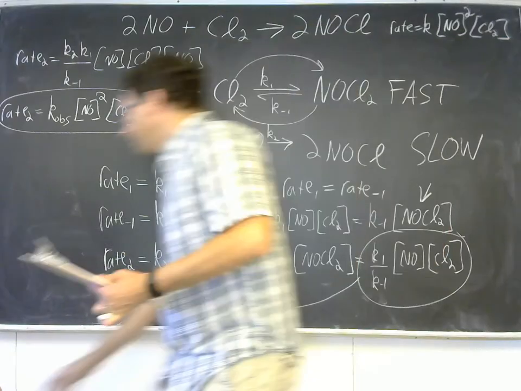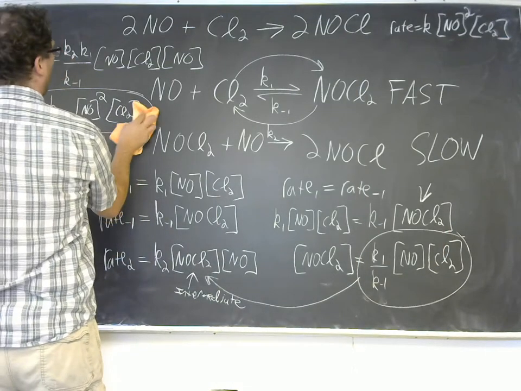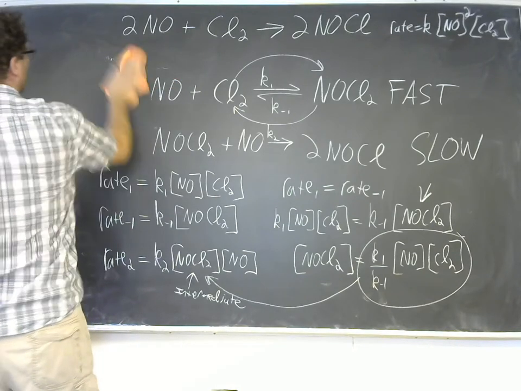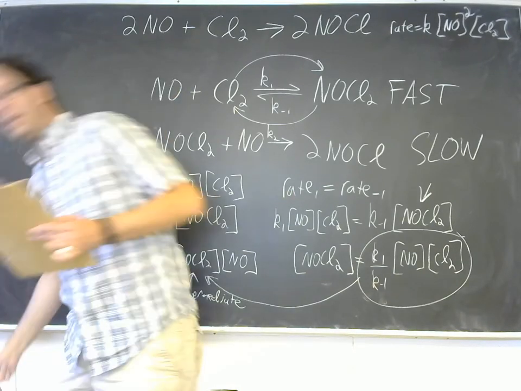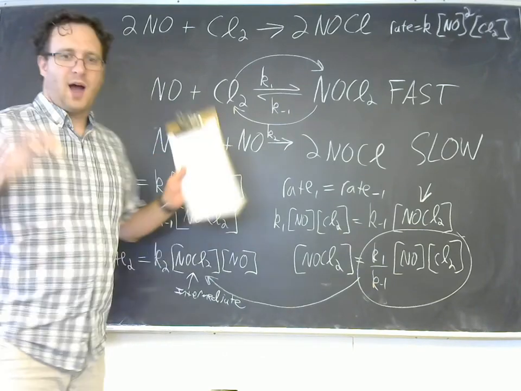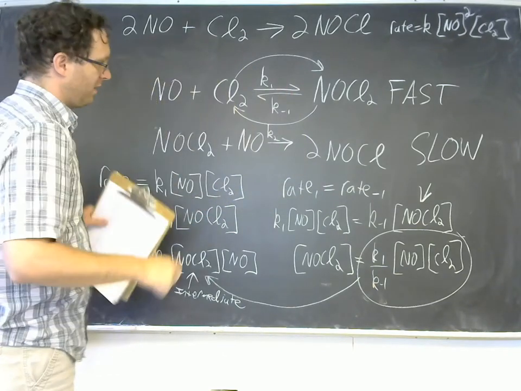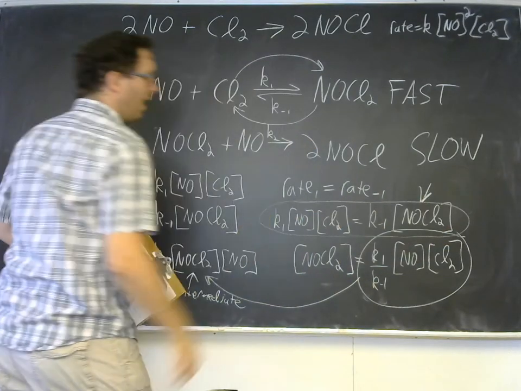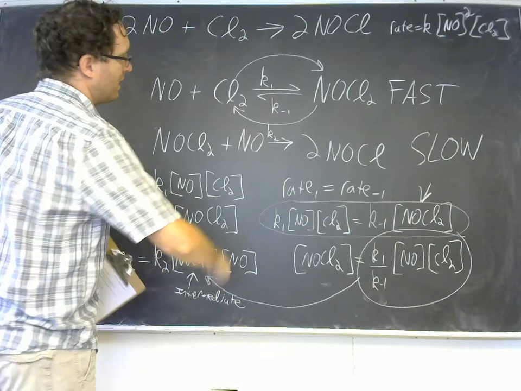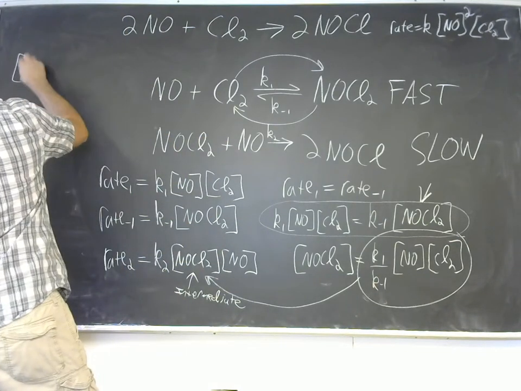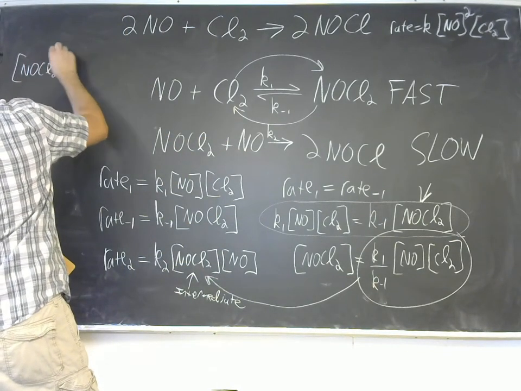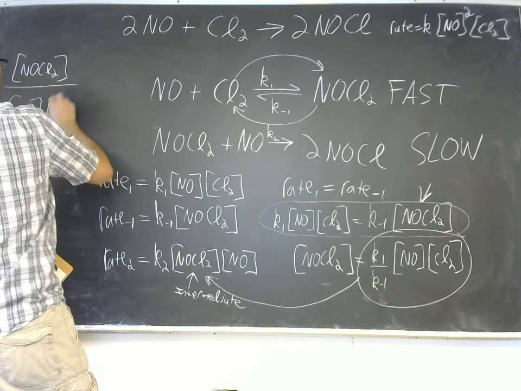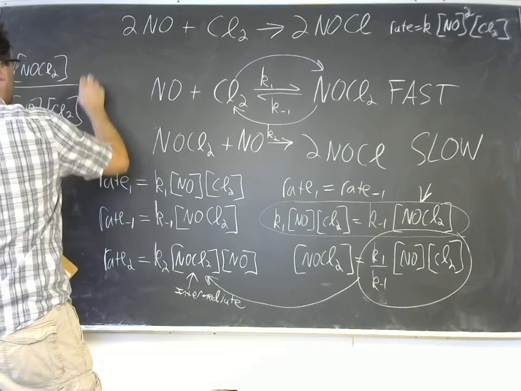Now, there's one cool little thing that your book does not cover, and so you don't need to know it for the purposes of the exam or anything else. I'm only going to spend 30 seconds on it, okay? We can take this equality right here and rearrange it. If I have NOCl2 divided by NO times Cl2, what does that equal?